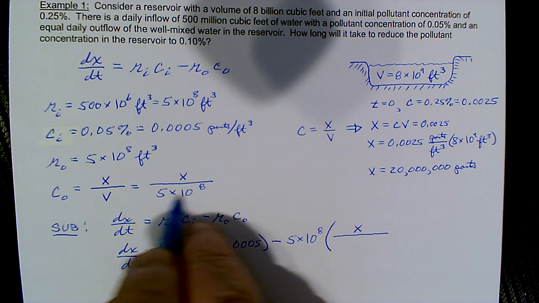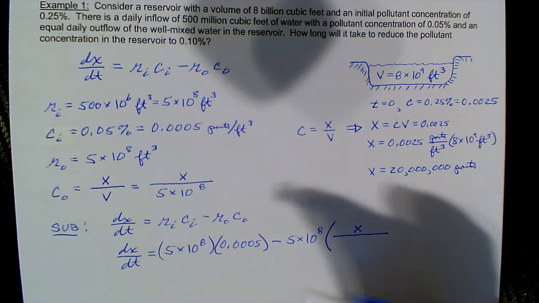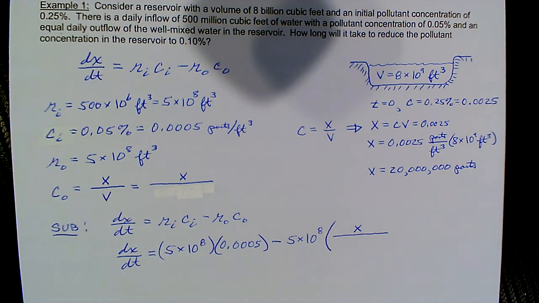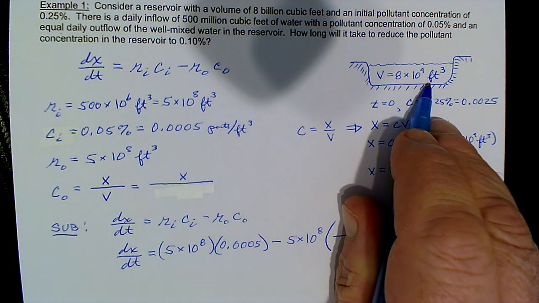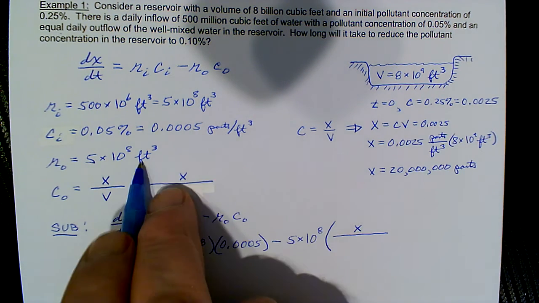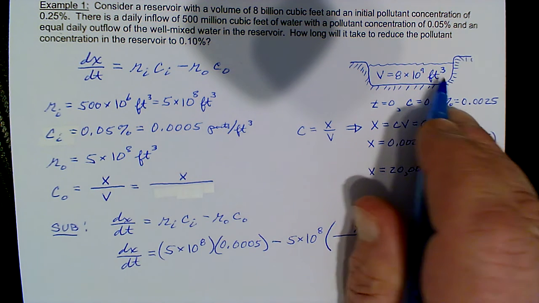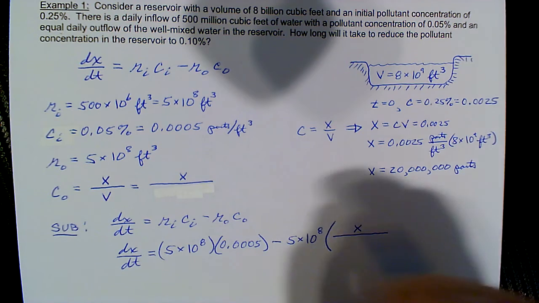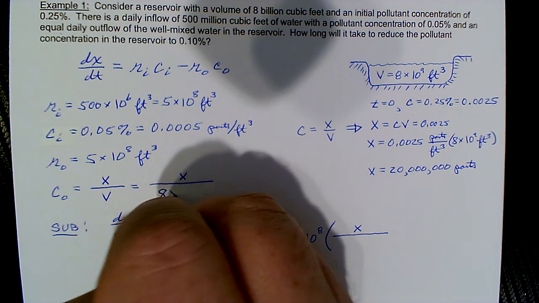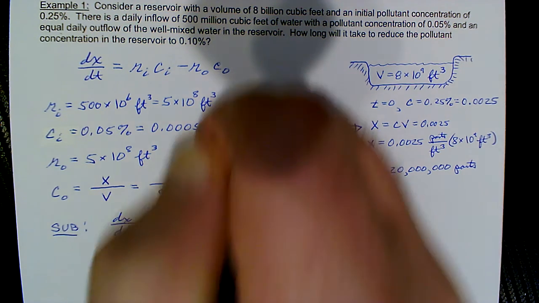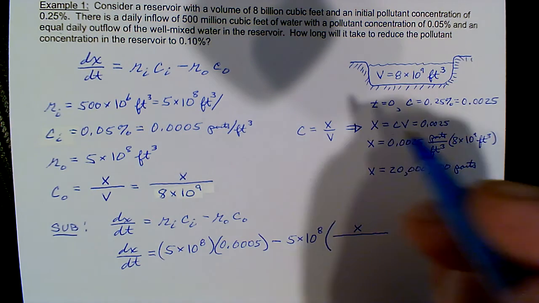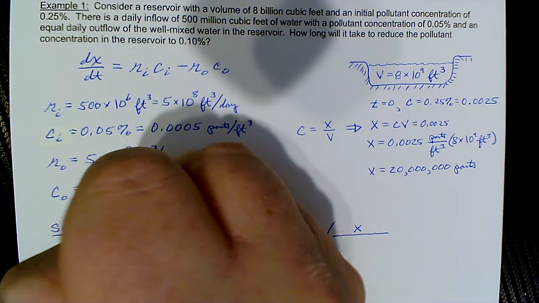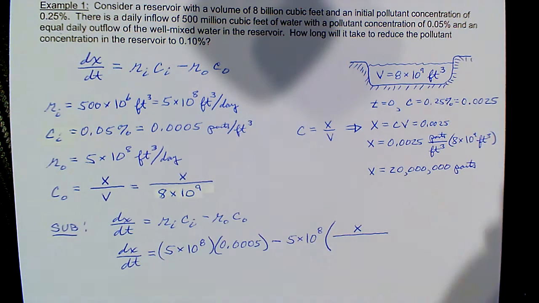That's a mistake, because that's the volume inside the reservoir. That 5 times 10 to the 8th is the rate coming in and rate coming out, but the volume in the reservoir is 8 times 10 to the 9th. And actually I made some unit errors as well. This should be feet cubed per day, and the rate out is feet cubed per day.